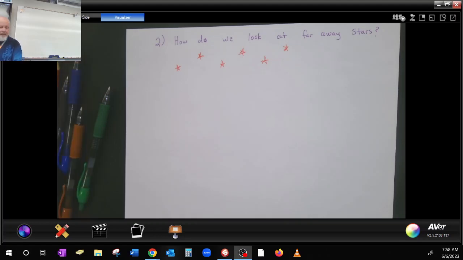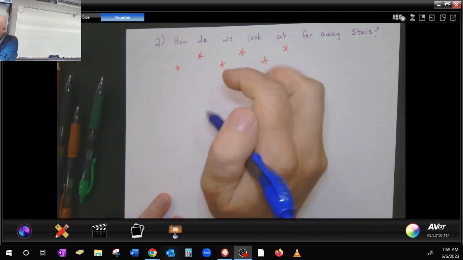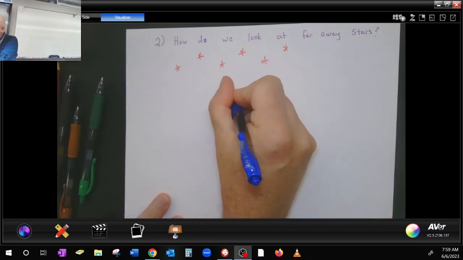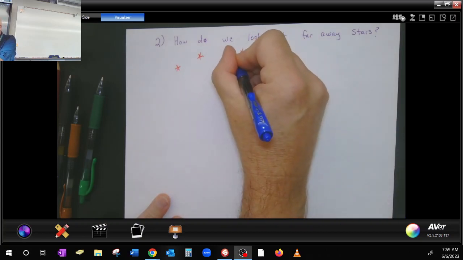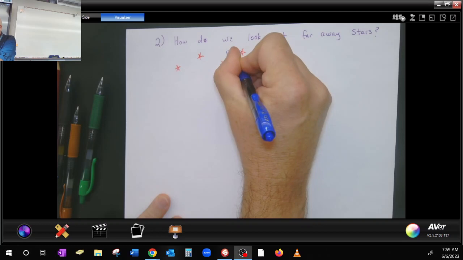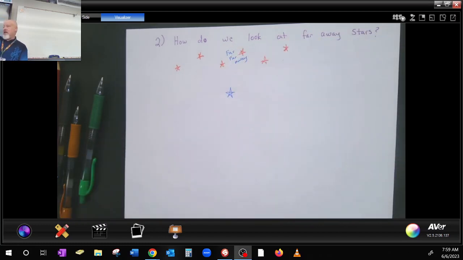All right? So, how do we look at, let's say we're looking at a star, let me use blue, that maybe is somewhat close to us. How do we determine that? So these are really far away. Far, far away. So we're talking like, you know, when we're doing the thumb thing, those trees far away from my thumb, that type of thing.